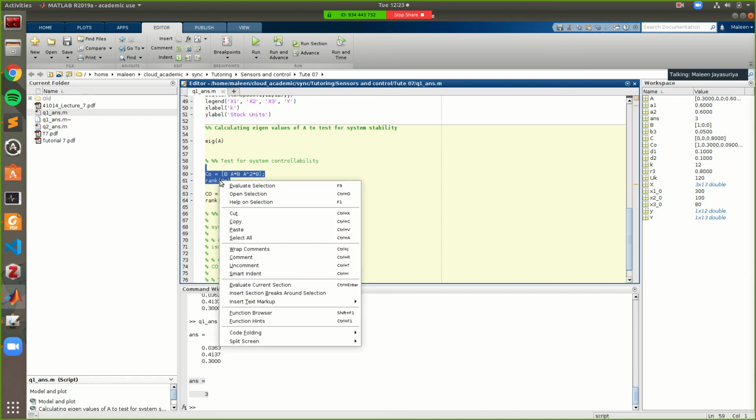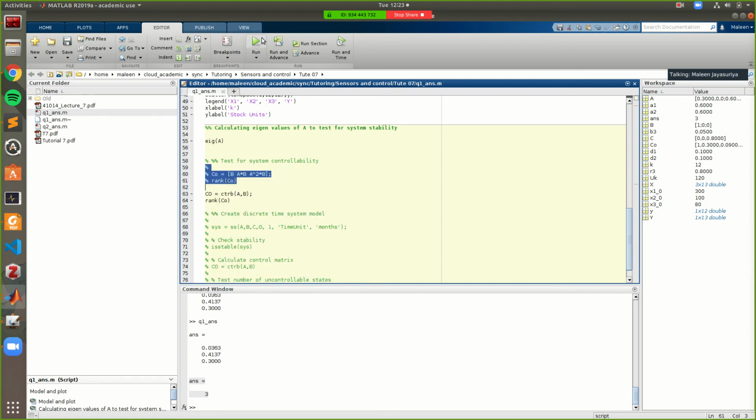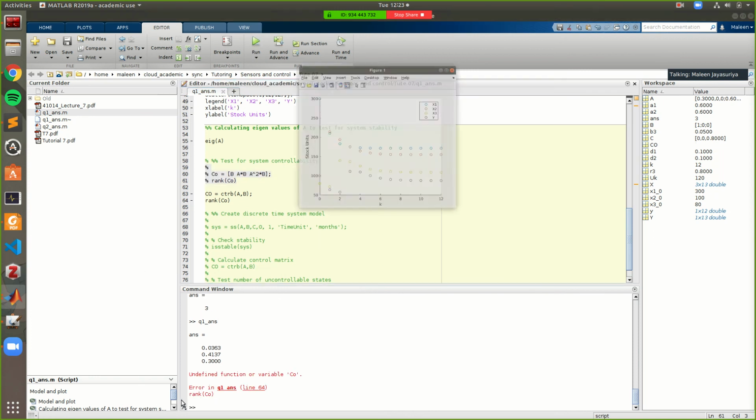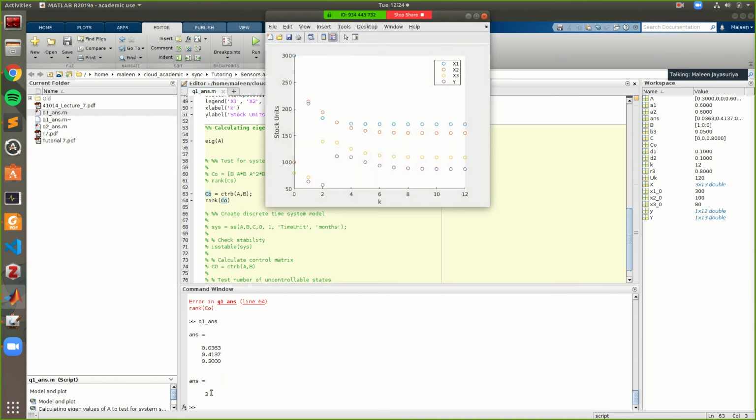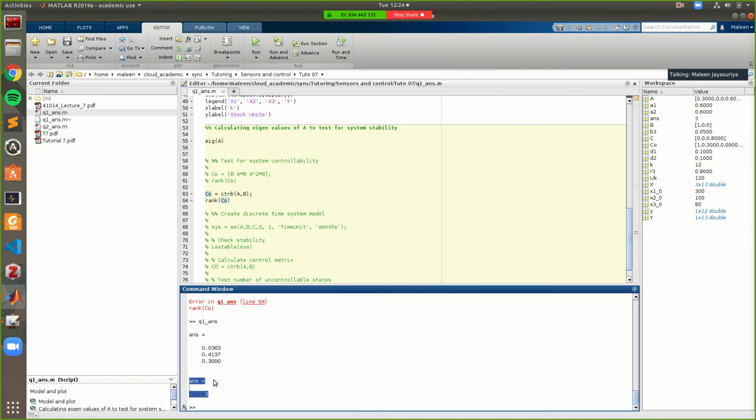So I'll comment this version out, and if I just use CTRB, sorry, this should be CTRB. If I run this, you can see that again we get the same answer for the rank. It's 3, which means it's full rank, which means it's controllable.